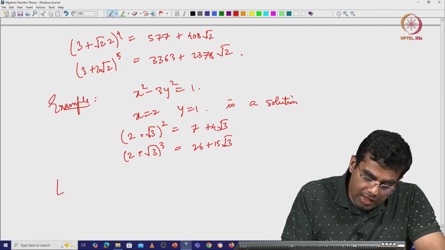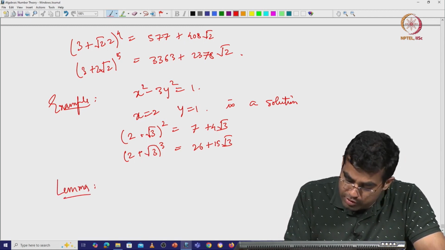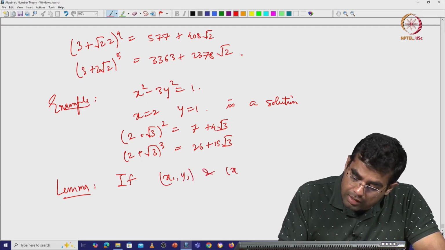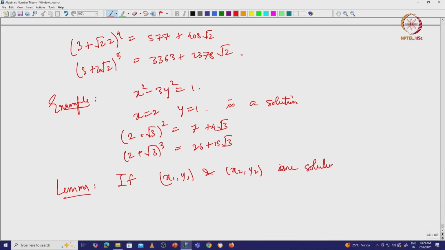Now, not only by taking powers, you can also multiply two solutions to get another solution. So, if x1, y1 and x2, y2 are solutions to x square minus dy square equals 1, then you take (x1 minus y1 square root of d) times (x2 minus y2 square root of d), and you write it as x3 minus y3 square root of d.